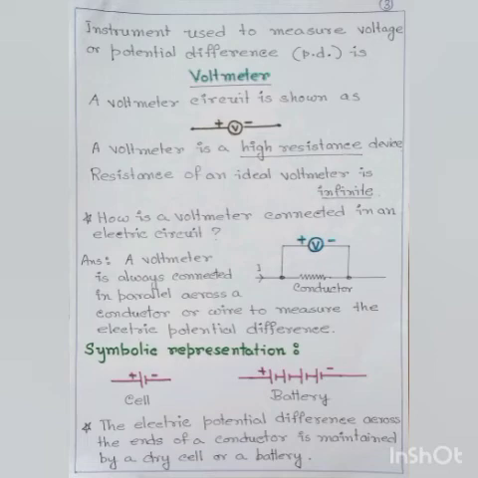That series also we will discuss later, and this parallel combination also. And remember, the electric potential difference across the ends of a conductor is maintained by a dry cell or a battery. So to maintain electric potential difference in any electric line, we have to attach a cell to it.